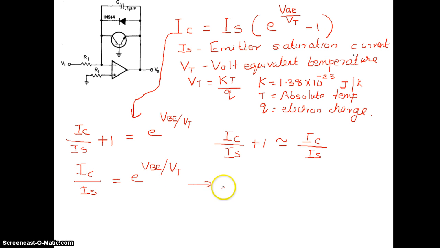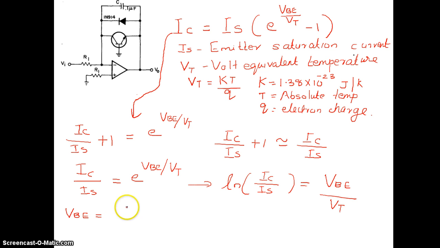Taking the natural logarithm, ln of IC divided by IS equals VBE divided by VT. Cross multiplying, VBE is equal to VT into ln of IC by IS. Now see here, what is the base to emitter voltage?